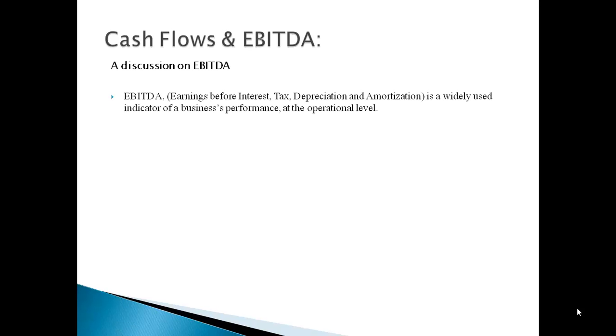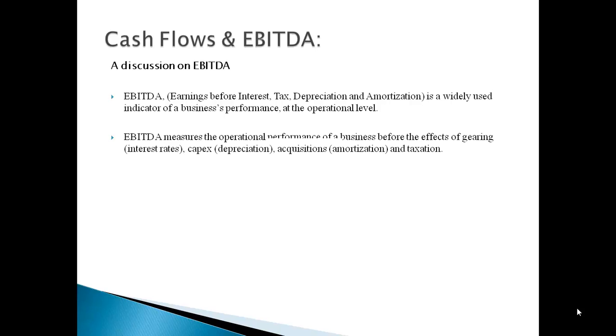So EBITDA stands for earnings, which is profit, before interest, tax, depreciation, and amortization. As I said, it's a widely used indicator of business performance, again, in line with our themes at the operational level. So let's just delve down a little bit deeper.